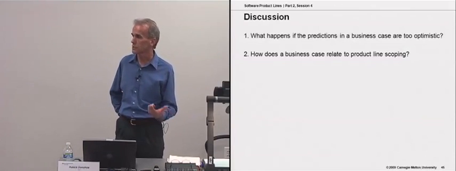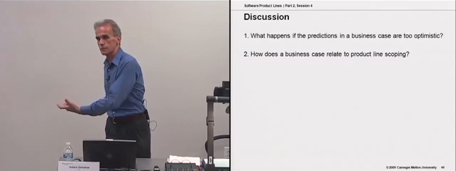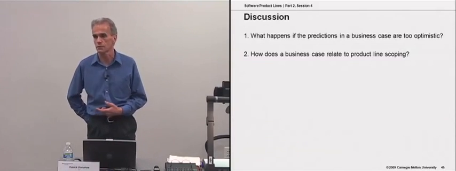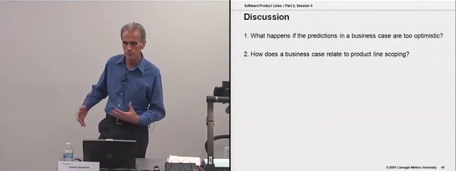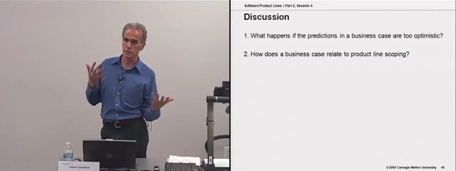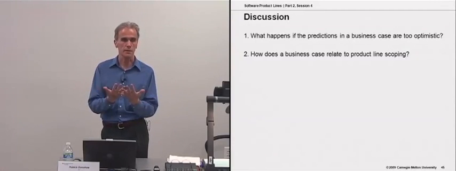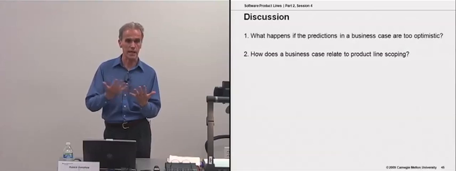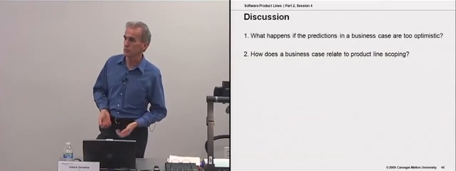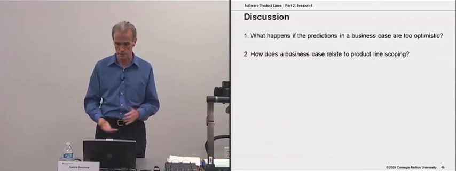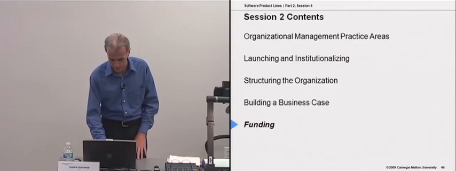But at some point, that work is going to have to connect with work that looks at the business justification for the proposed set of products. You can start one or the other first, you can start both in parallel, but ultimately they have to come together. And in fact, you also have to bring in the market analysis and the technology forecasting, which is what the build pattern does.